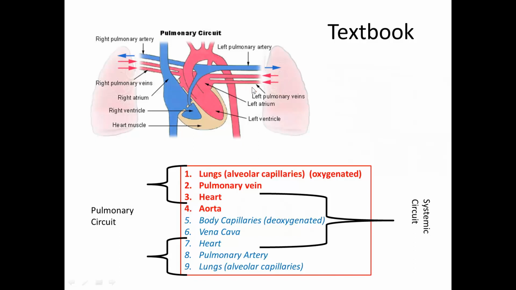It goes in through the pulmonary veins, which I have right here. Right, so here's pulmonary vein to the heart, but this specifies it actually goes to the left atrium first, and then the left ventricle, and then it goes out to the body. And when it comes back from the body, it goes to the right atrium and then to the right ventricle.